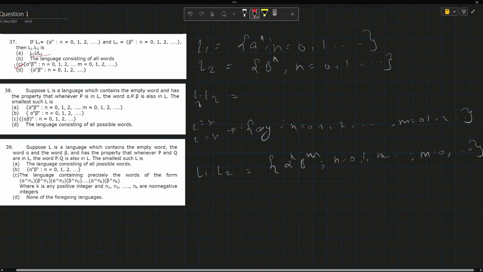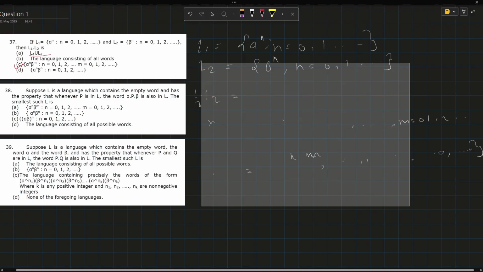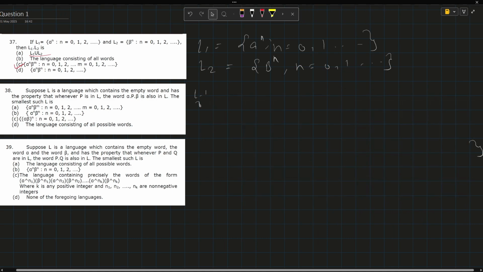And why not L1 union L2? Because L1 L2 means alpha of n, beta of n.